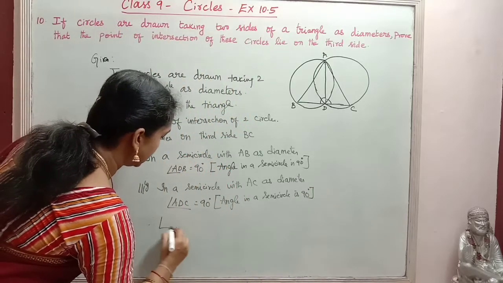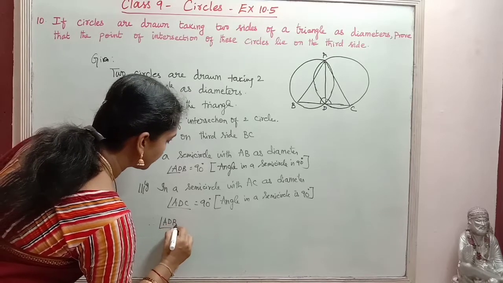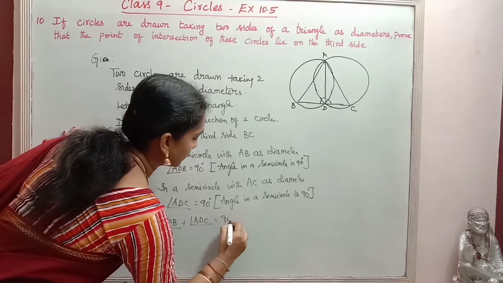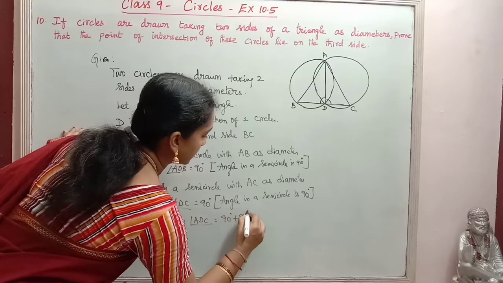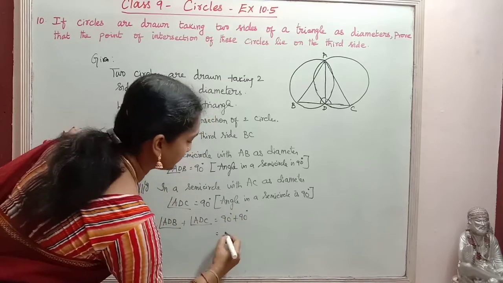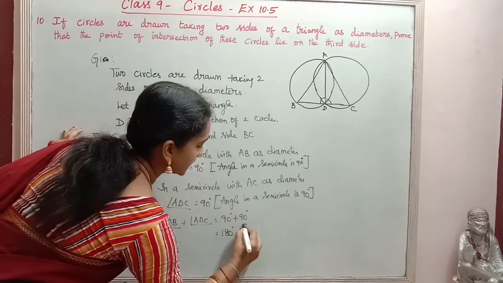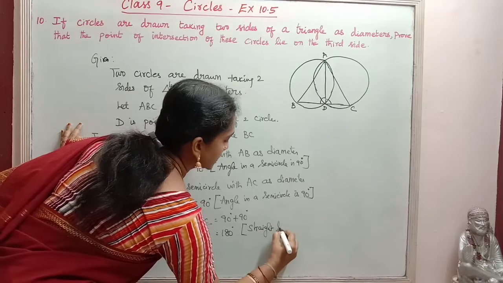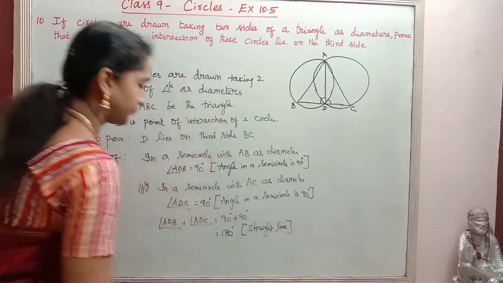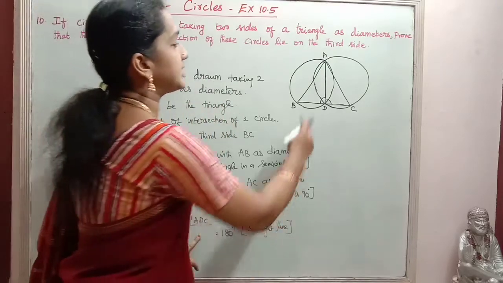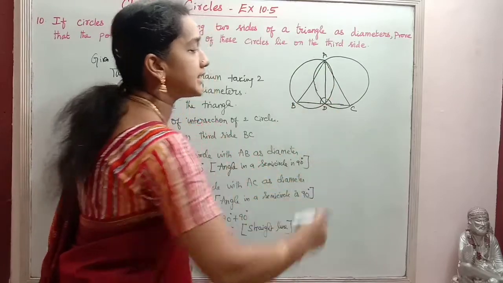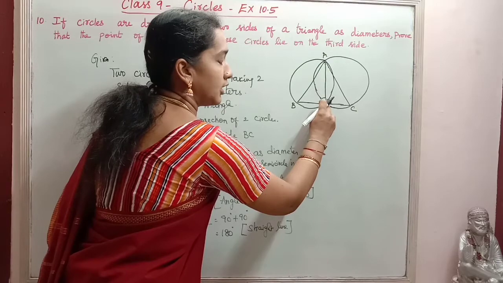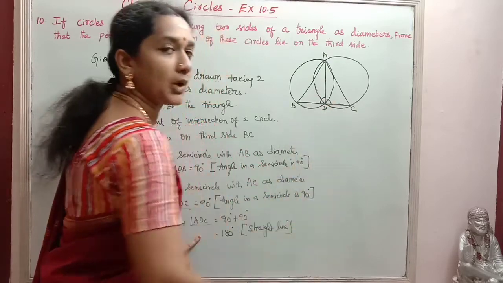Therefore, angle ADB plus angle ADC is equal to 90 plus 90, that is 180 degrees. So this is a straight line. So ADB and ADC is a straight line. From this point, if we take this, it is 180 degrees.